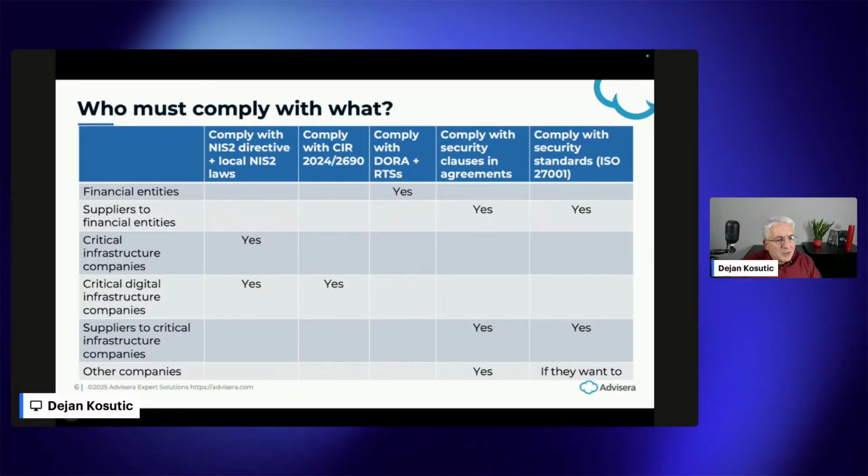Okay, I see a question from Jose. Is it required also for a third-party service provider or the principal company, is ISO 27001 required? Okay, let me see if I understand the question.